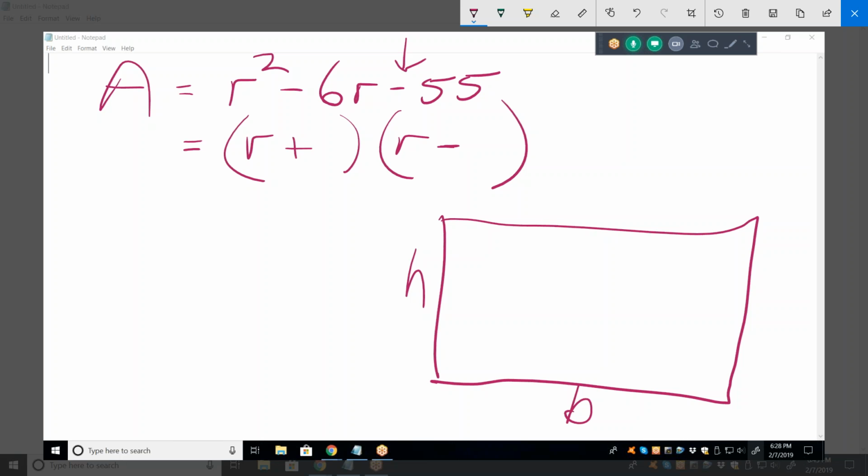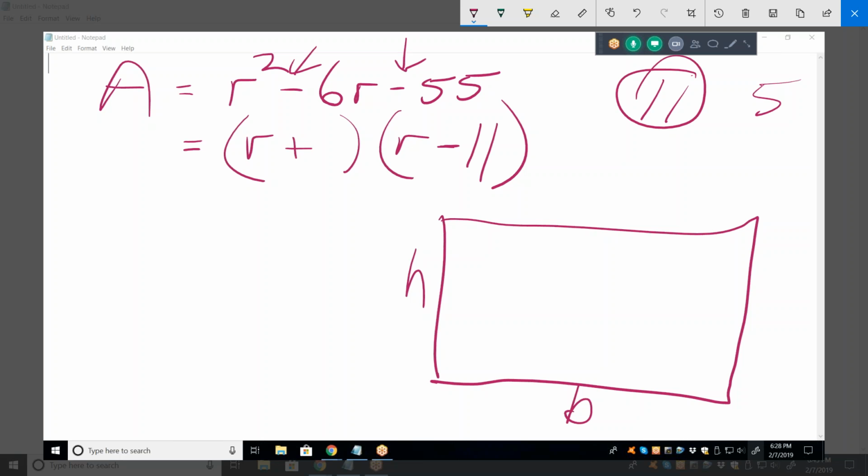Now, what's the third step? Factors of 55 that do what? Subtract to the 6. Well, that's 11 and 5. Where does the 11 go? It goes with the sign of the middle term, the bigger factor.